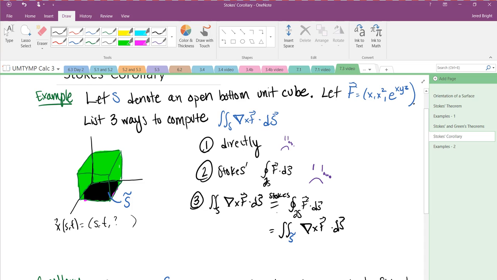If I look at this, then I think the parameterization is going to come more easily, because in this case I know the z component is 0. s and t are both going to be within 0 to 1.